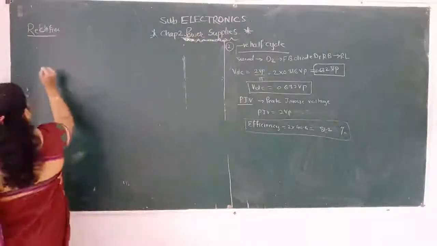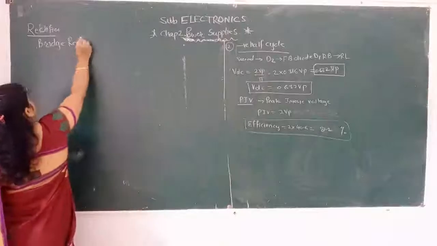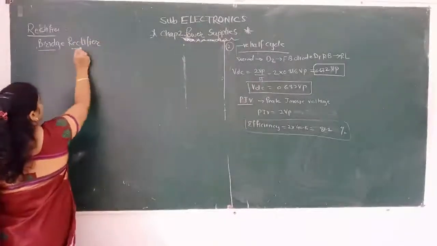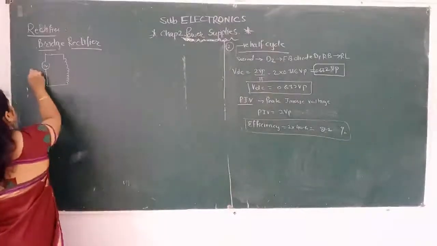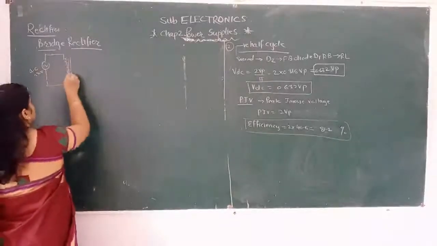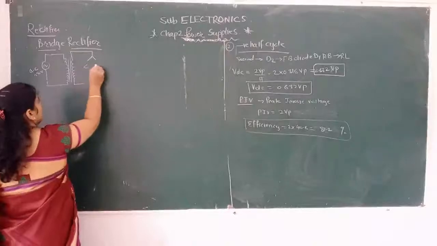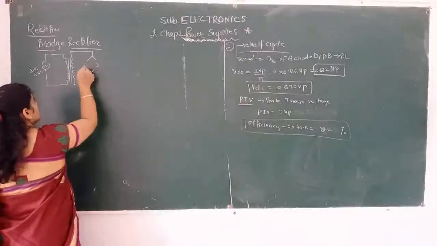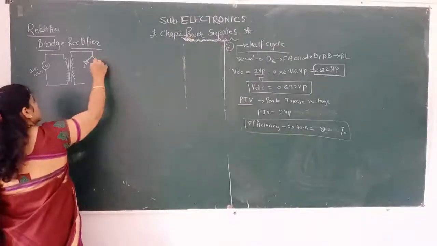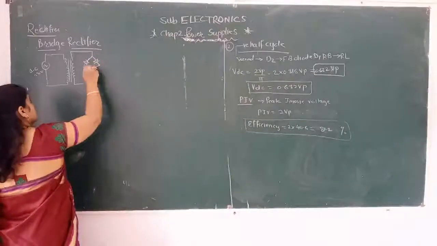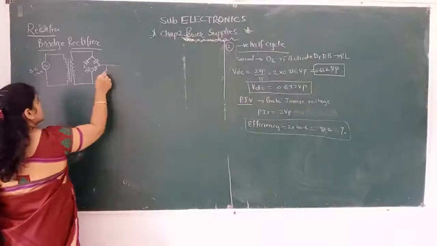I will draw the diagram for the bridge rectifier. No center tap transformer is there, so the load resistance is connected here.